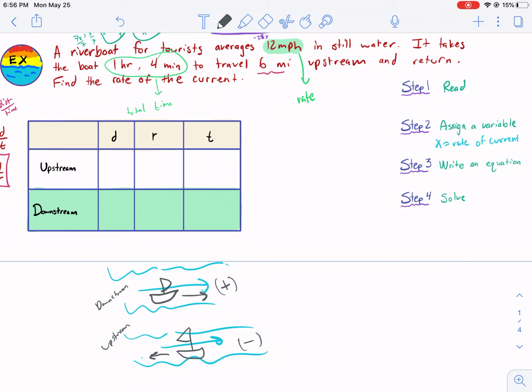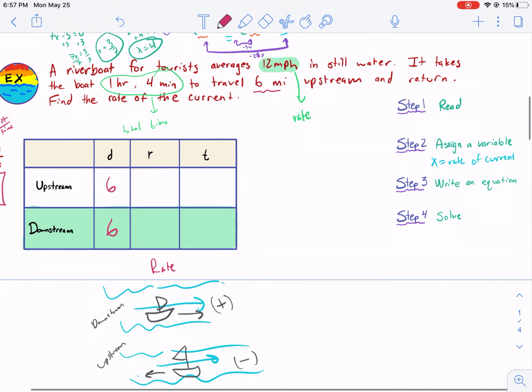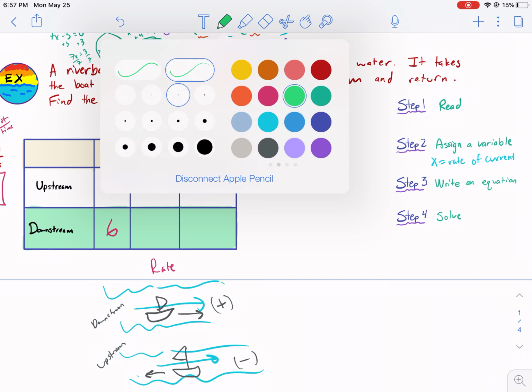So we can go ahead and insert some information. So the distance, we already determined the distance. That was one of the first things we saw. We know it's 6 miles upstream and 6 miles downstream. Now with the rate, this helps us with our rate. We already know that the base is 12. The boat by itself goes 12. I don't want to use green, it won't show up.